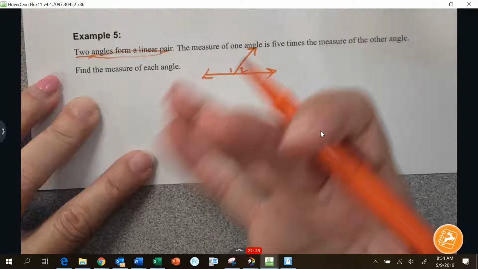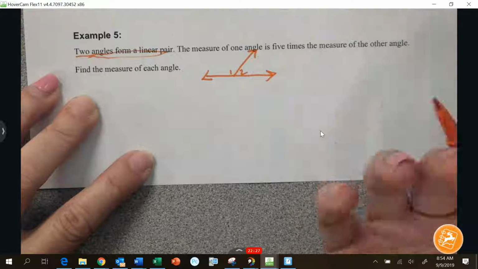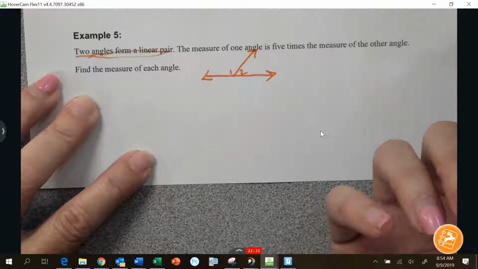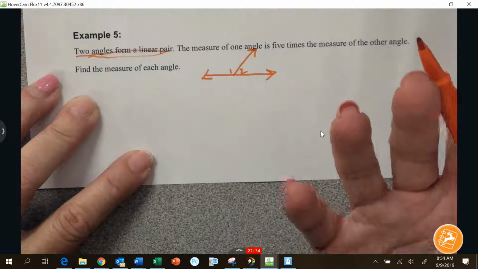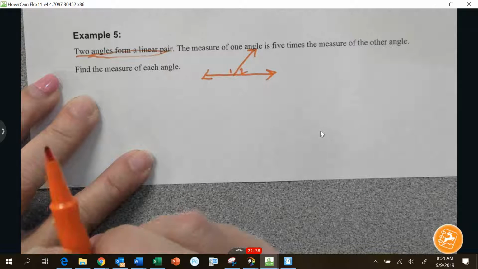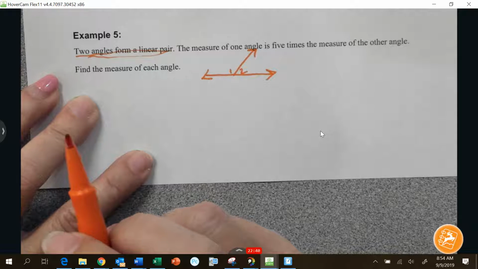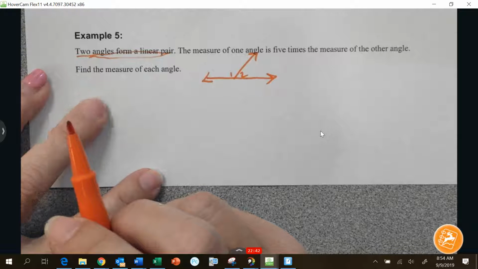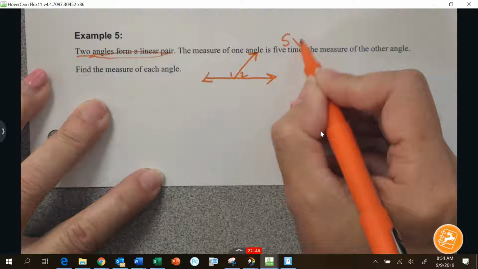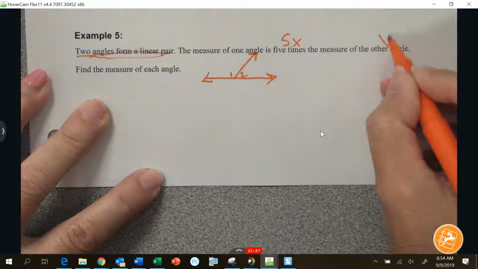This is geometry, but what do we do in algebra if you don't know something? John? I'm going to make a variable for an unknown number. Which one should be the x? Because you said 5x. Look at my picture again. If the other one's going to be 5x, which one in my picture should be the x?